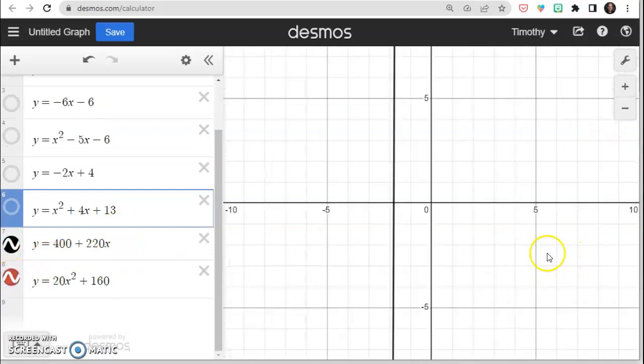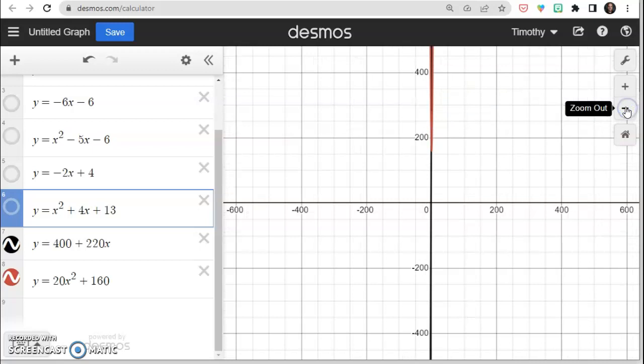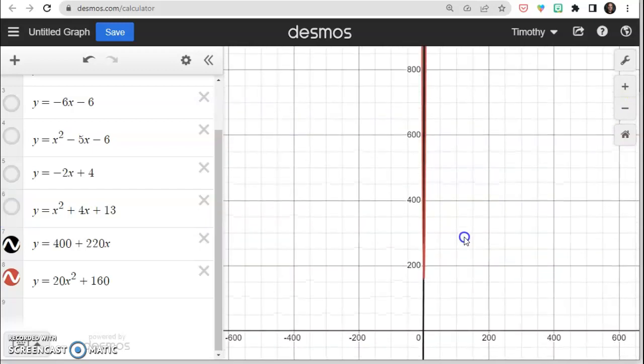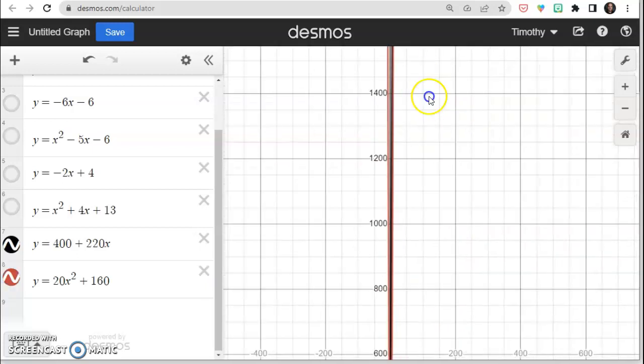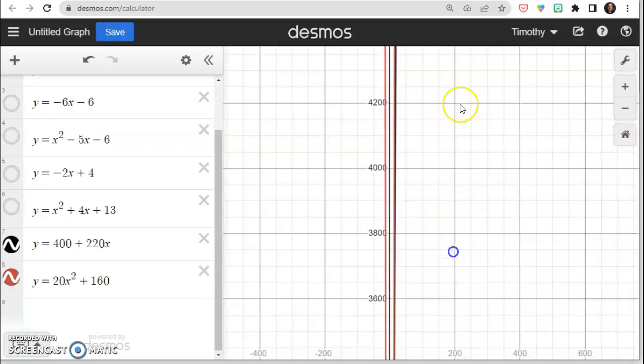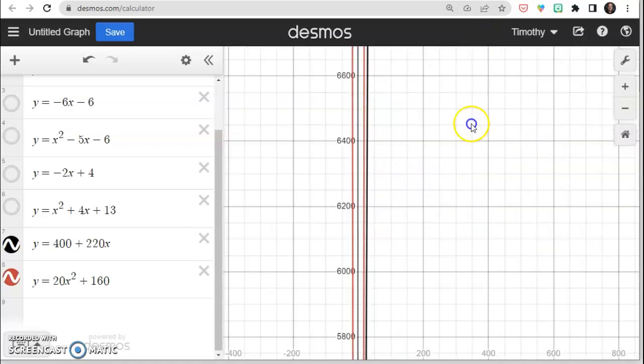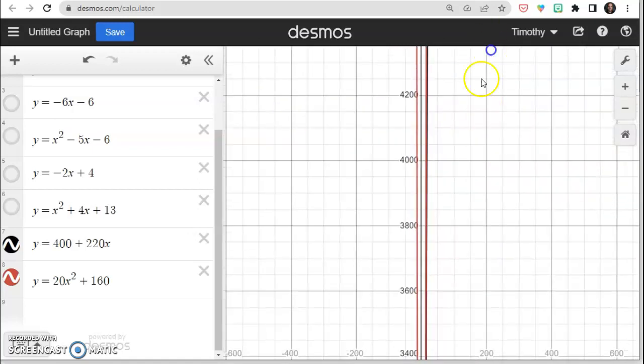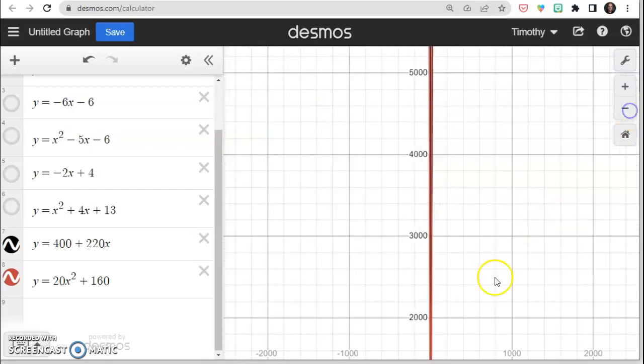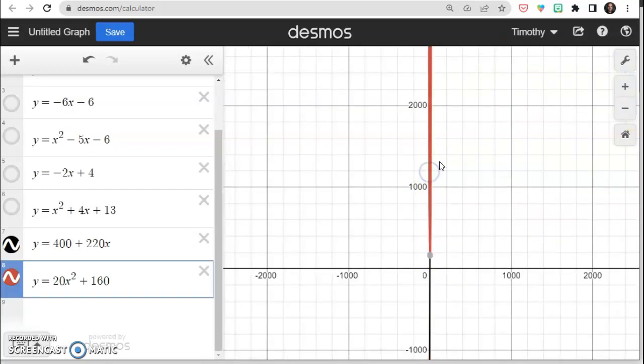Swing on over to Desmos and see if we can see this graphically. Alright, we'll just look at the home screen. So we have to zoom out quite a lot to see these. Alright, so it looks like we have a vertex down here. Yeah, so we have to play around with it to find it here.